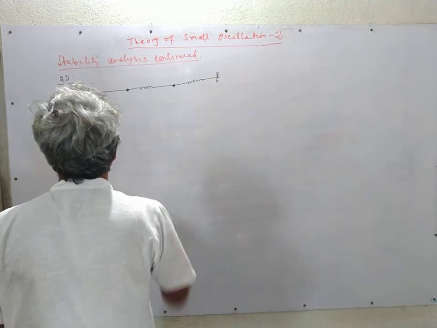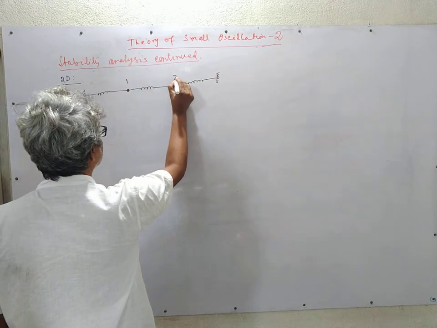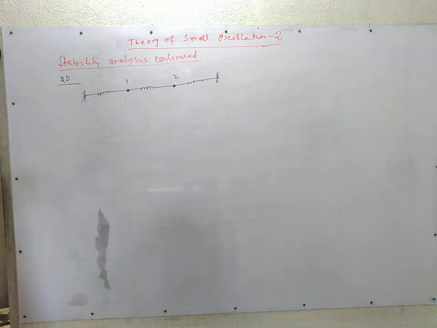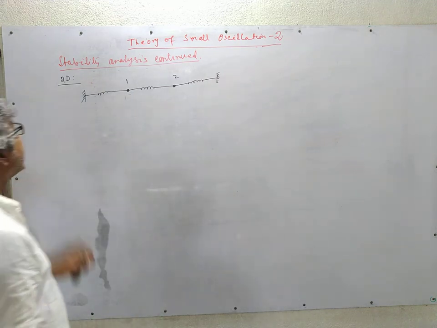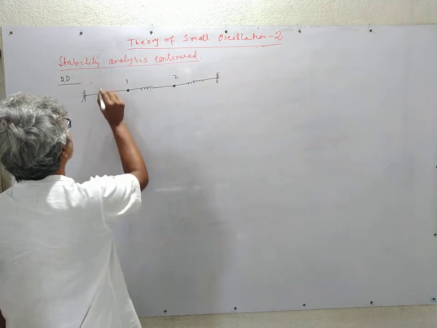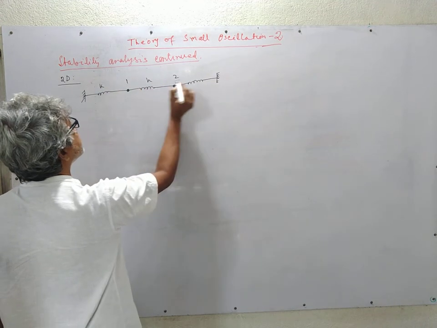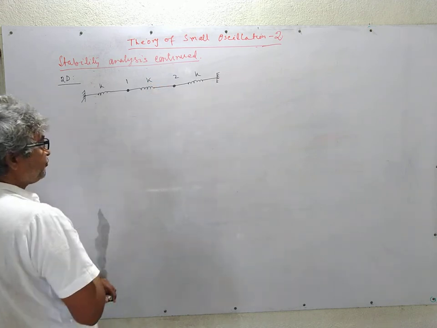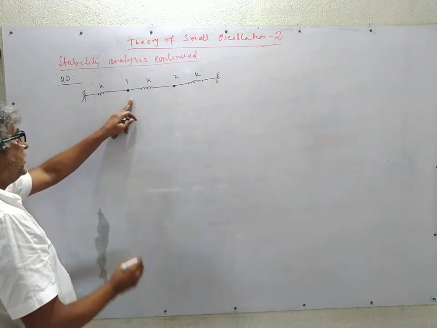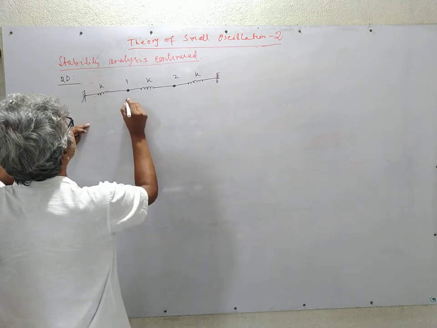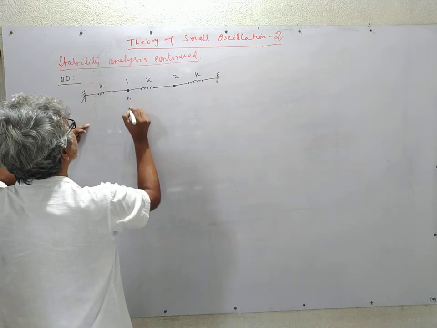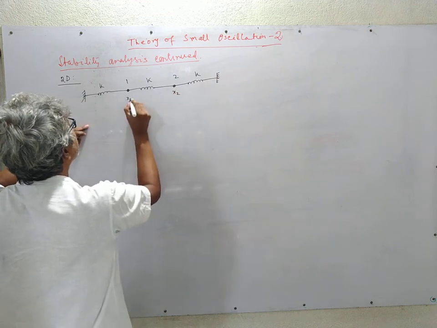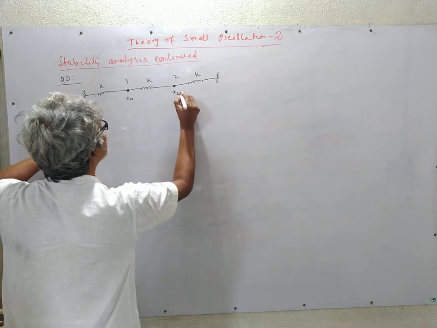This length is fixed. This is mass 1. This is mass 2. Each one has mass m. The equilibrium configuration has 3 identical springs, each of spring constant K. At the equilibrium situation, the particle is over here and its coordinates are x1 0 and x2 0.